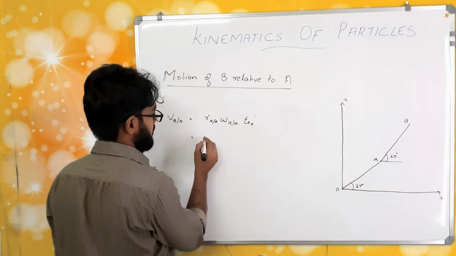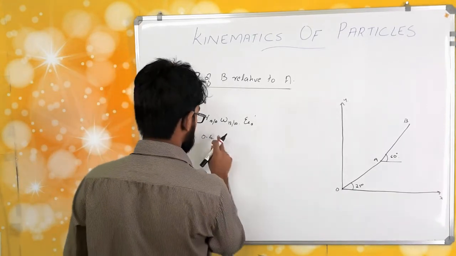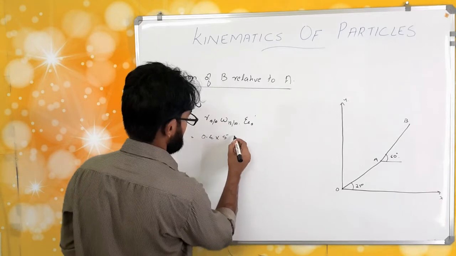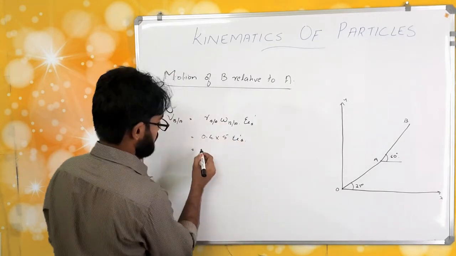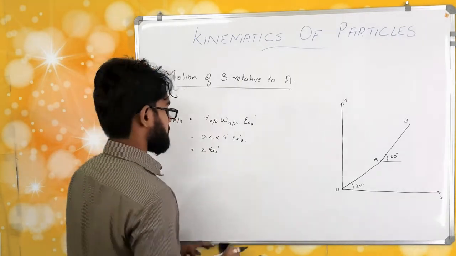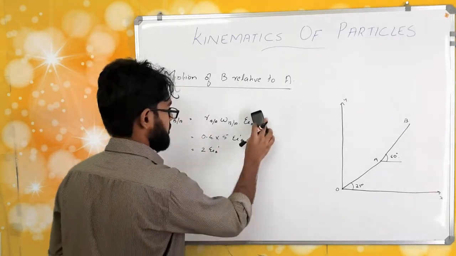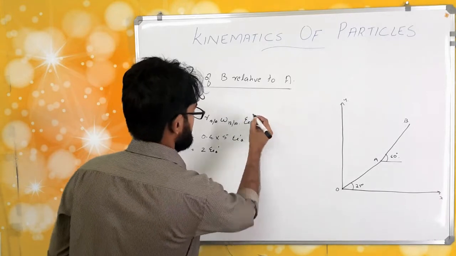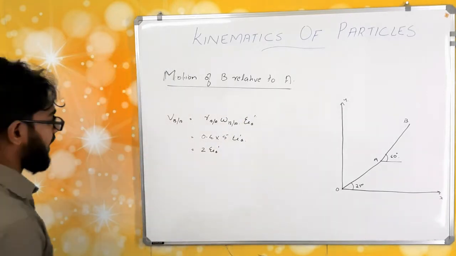Substituting, we get 0.4 into omega B with respect to A, 5, epsilon theta dash, which is equal to 2 epsilon theta. I'll express it for the time being as epsilon theta dash.